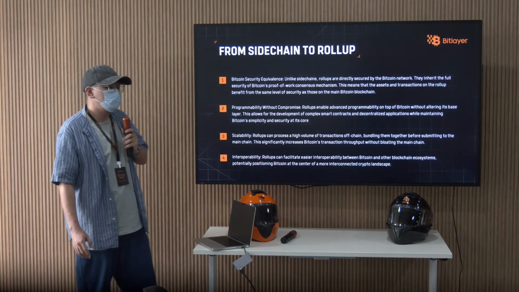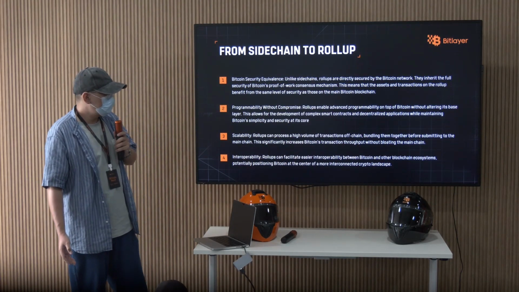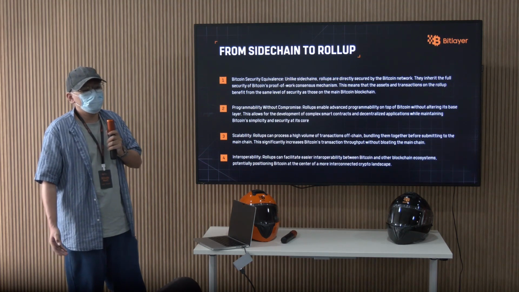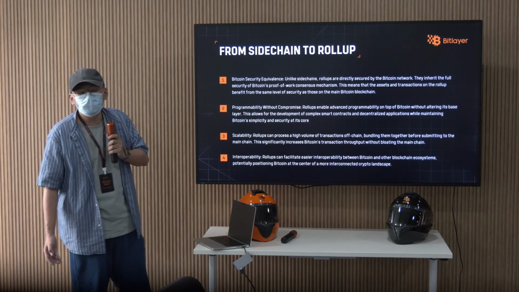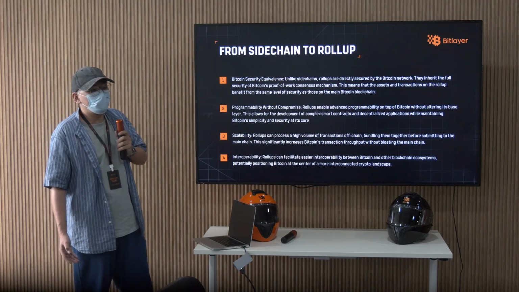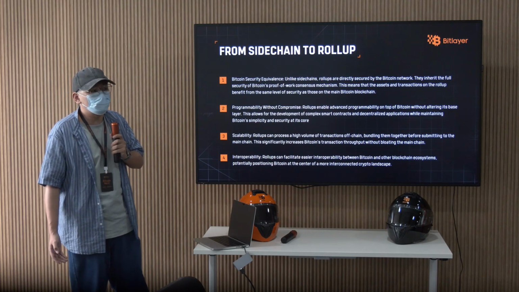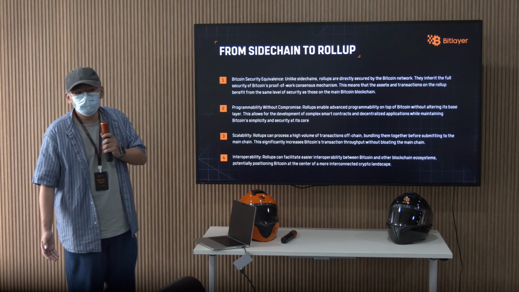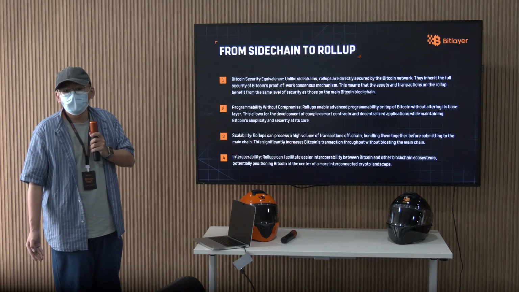We know that Bitcoin has been known for its security and strength, but with the development of blockchain, there is a huge demand for expanding its capability. A sidechain can extend functionality to Bitcoin, but it often requires users to place their trust in external validators.